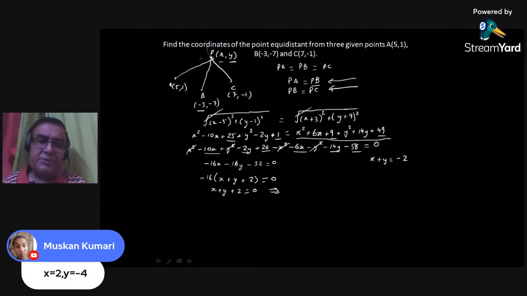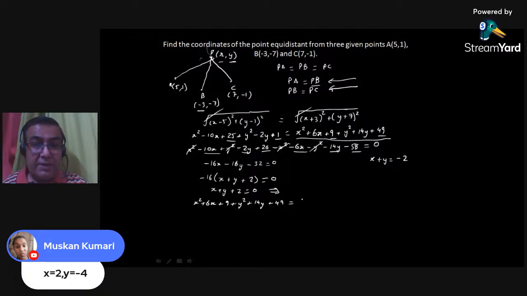So anyways, the square roots are again going to get cancelled out. So I'll just write it like that, x square plus 6x plus 9 plus y square plus 14y plus 49. That should be equal to, I'm ignoring the square root now because anyways both sides had to be squared. So now we'll find the distance PC.